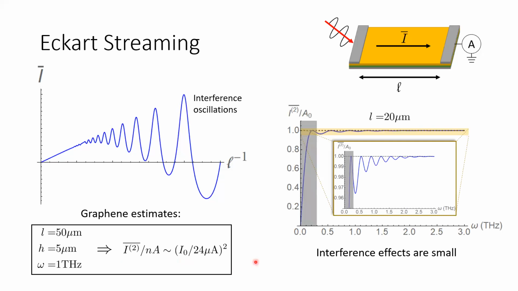And just to emphasize further that these interference oscillations are quite small, for an even shorter device of 20 micrometers, if I plot the DC current against the frequency and look at these oscillations again, these oscillations are maybe 3% of my DC current. So we're talking about picoamps of DC current if the total DC current is about 1 nanoamp.